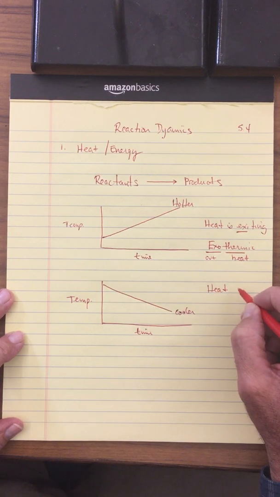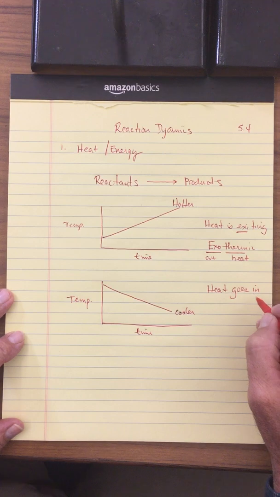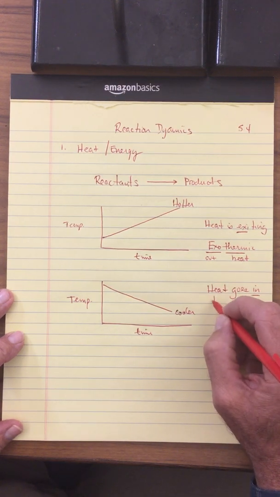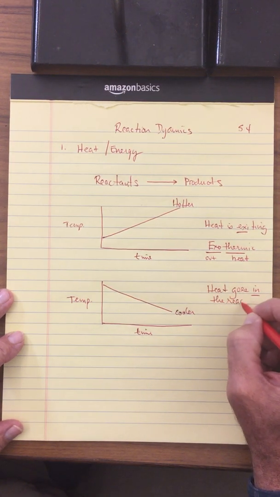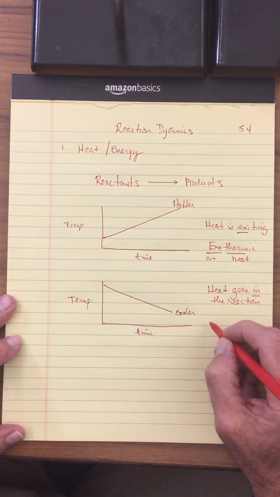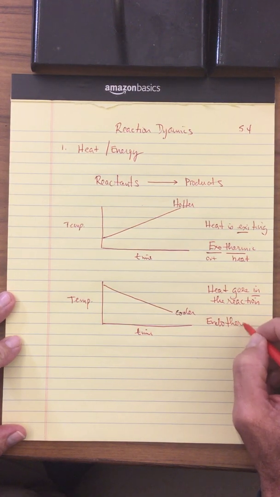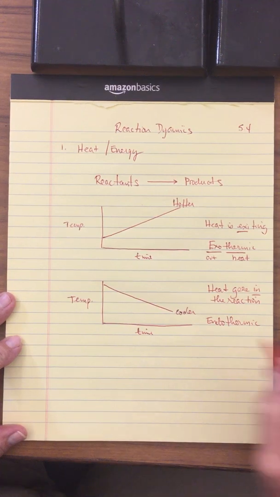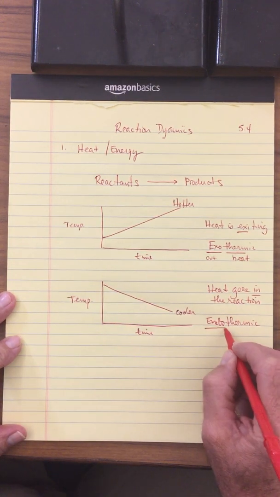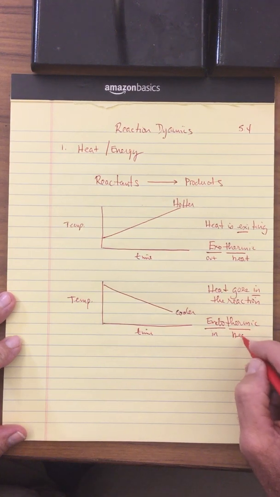So the heat goes in the reaction. It enables the reaction to occur. So since heat goes in, it's called an endothermic reaction. Endothermic. Endo means in, and again, therm means heat.